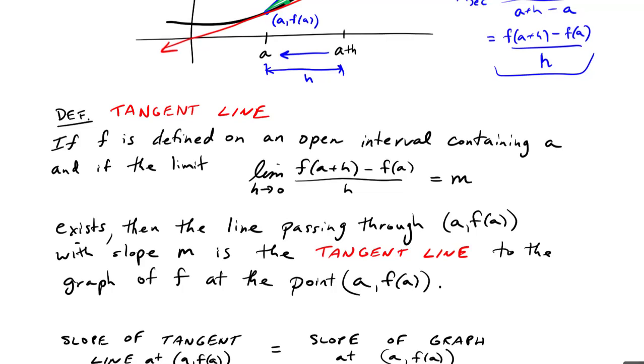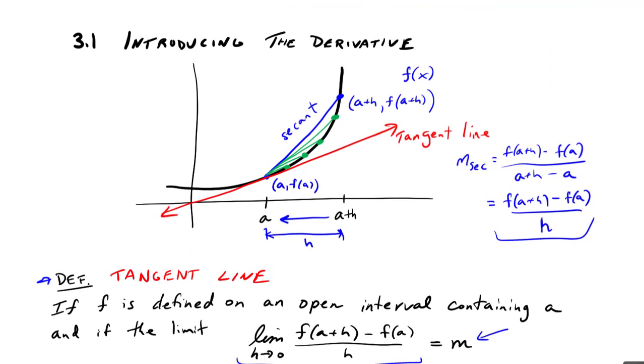So let's take a look. For this definition, we're really defining the tangent line. So if f is defined on an open interval containing a, and if the limit as h approaches 0 of f of A plus h minus f of A over h equals m exists, so if it does exist, then it has a value, and that's what we're calling m, in this case, for a good reason, then the line passing through A, f of A with slope m is the tangent line to the graph of f at the point A, f of A. And so that is actually what we've denoted there.